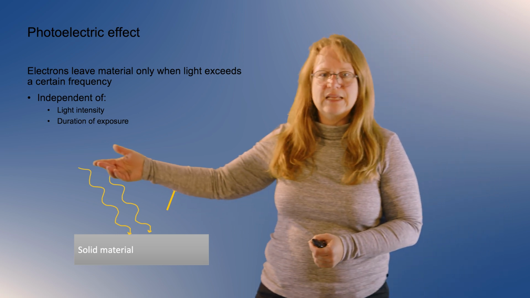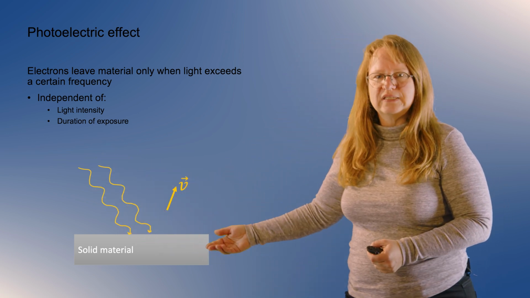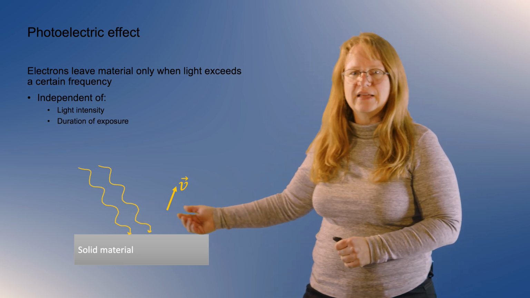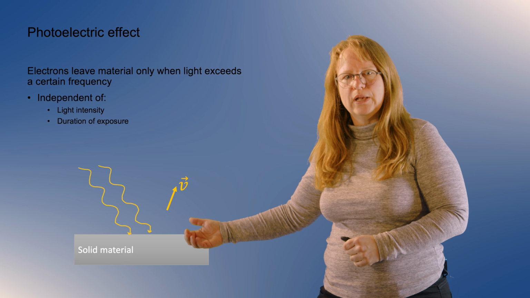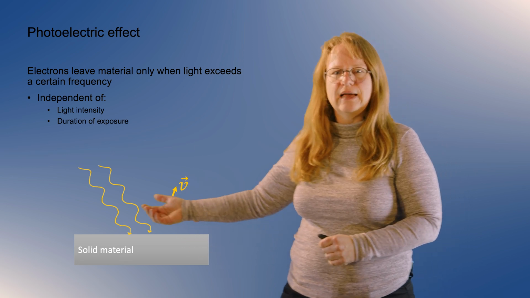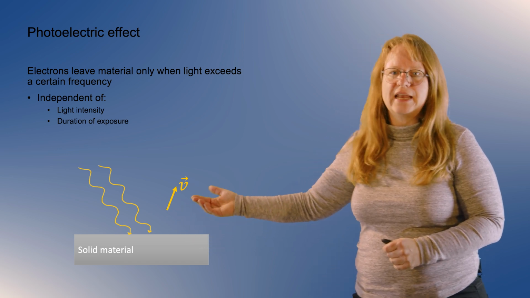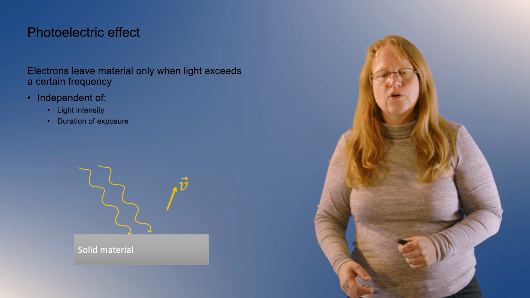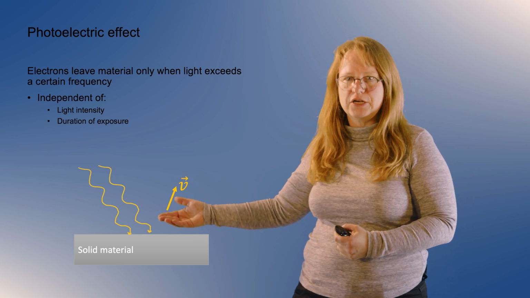So if you have radiation hitting a solid material for certain frequencies of the light or certain wavelengths, electrons will leave the material, so will be ejected from the material after radiation hits the material, and the electrons can have different velocities v with which they are leaving the material, so different kinetic energies.